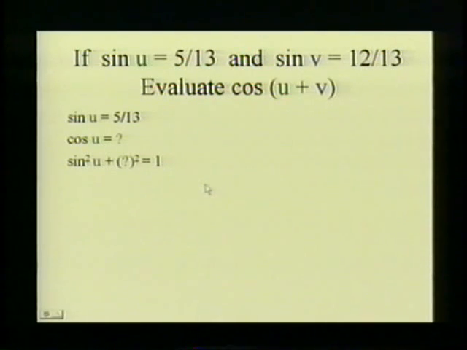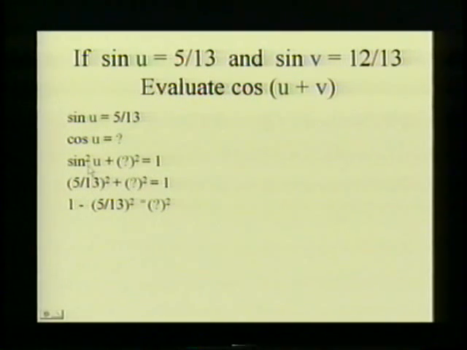Well, let's solve that equation for the question mark. In this case, we know the sine of u is 5/13. So the sine squared, I'm sorry, what am I doing here? In this case, I'm going to subtract 5/13 squared from both sides of the equation.